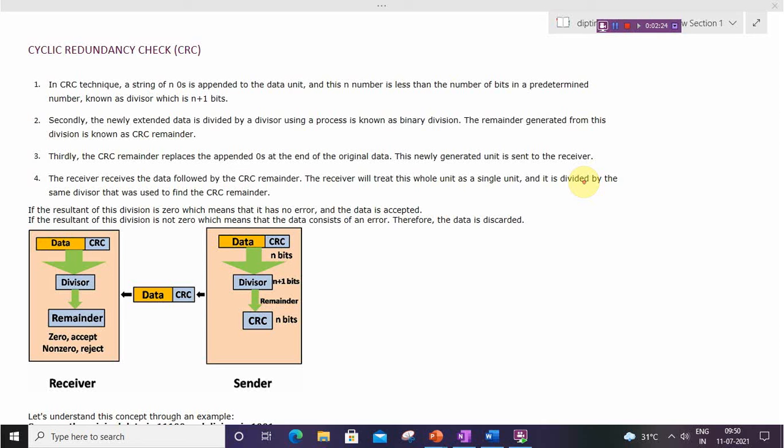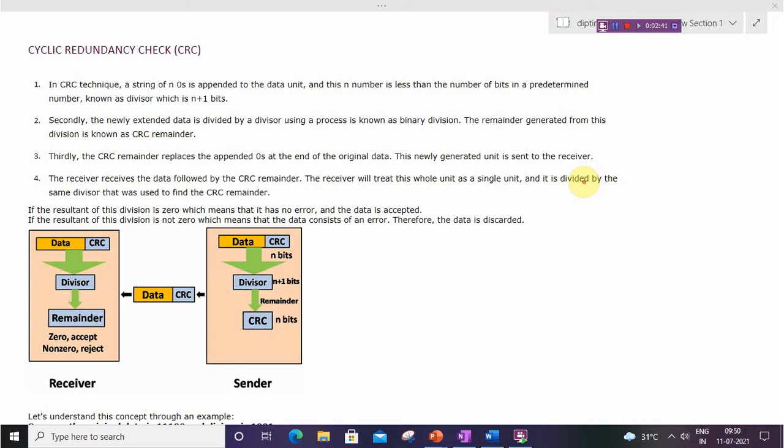The newly generated unit, that is data plus CRC, is sent to the receiver.